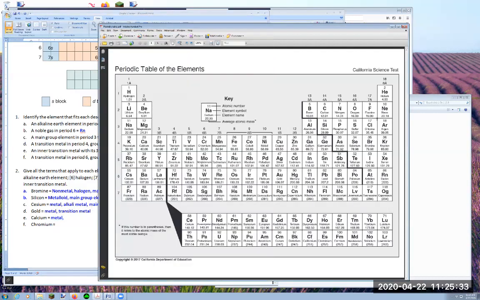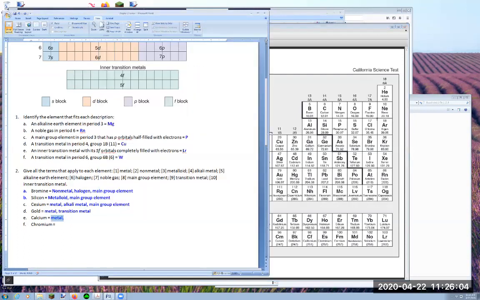Atomic number 20, fourth period, to the left side of the periodic table, so that's a metal. The question is now, does it have a particular name? Like, can it be a noble gas, halogen, alkaline earth metal, or alkali metal? Yes, that's an alkaline earth metal.